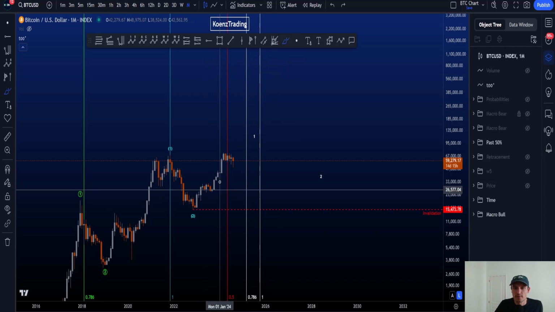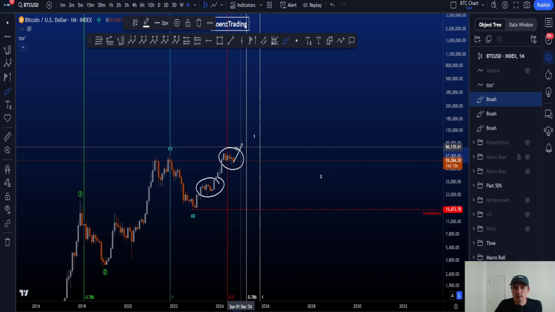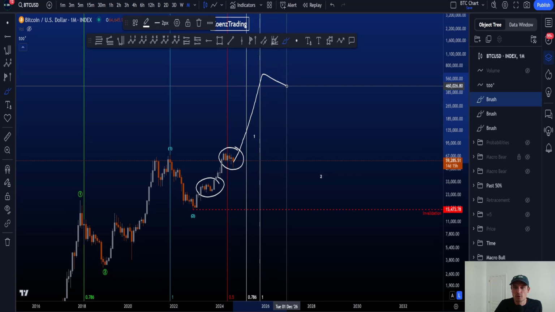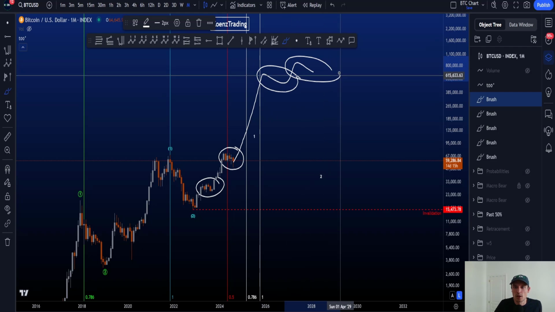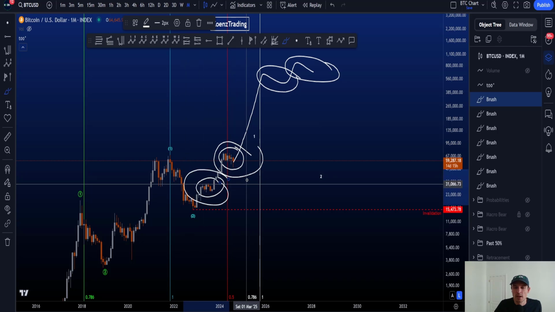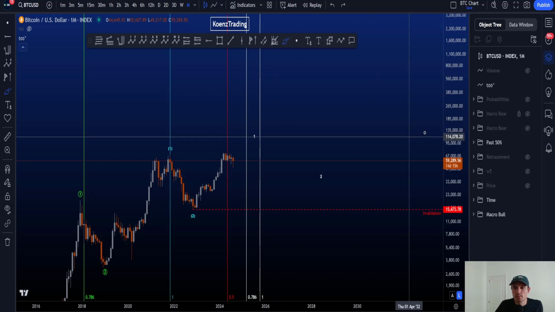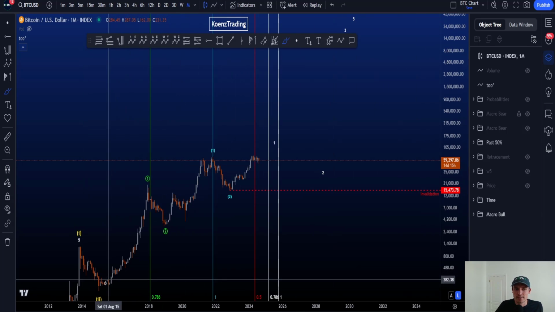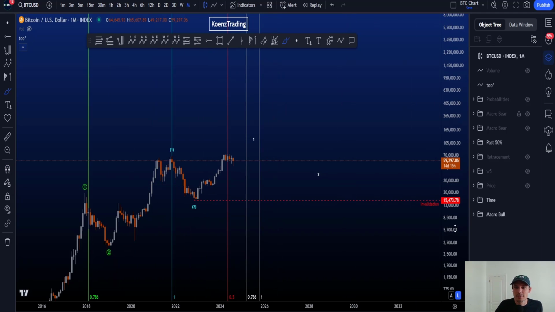However, if these are counted as wave 2s, we expect a very big wave 3 up, and then most commonly your wave 4s here are going to be longer in time compared to your wave 2s. But that then means that this wide wave 1 is going to be way longer than any previous bull market in history in time.